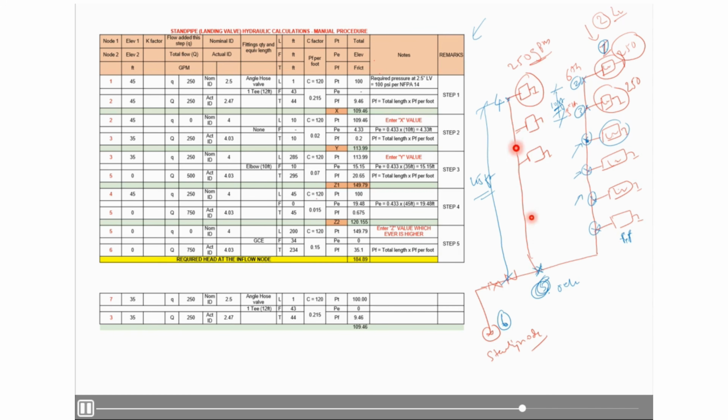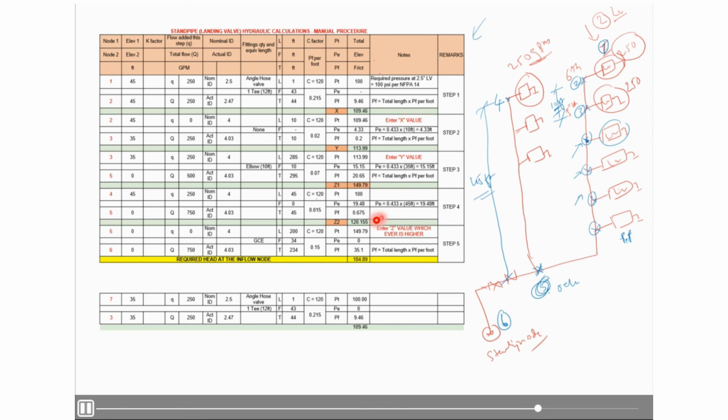So now I consider 4 to 5 as well. If you see here, similarly, I am getting 120.55 from 4 to 5. The pressure required to reach this particular point, I need 120 psi only, but because this is not the remotest landing valve, to reach 100 psi at this particular point I need at node 5 149.79 psi.